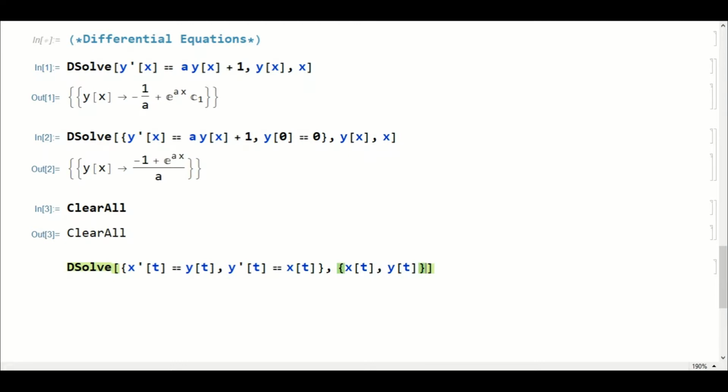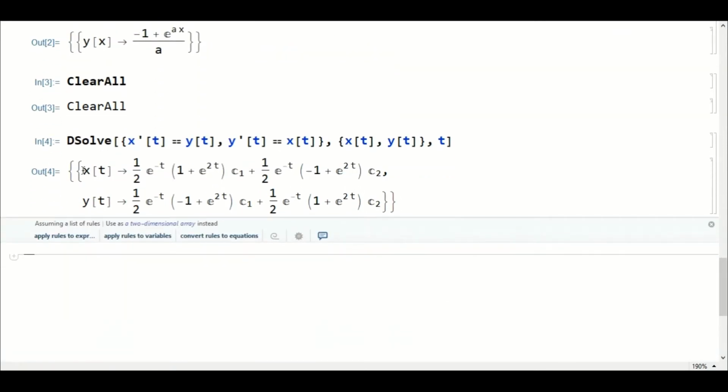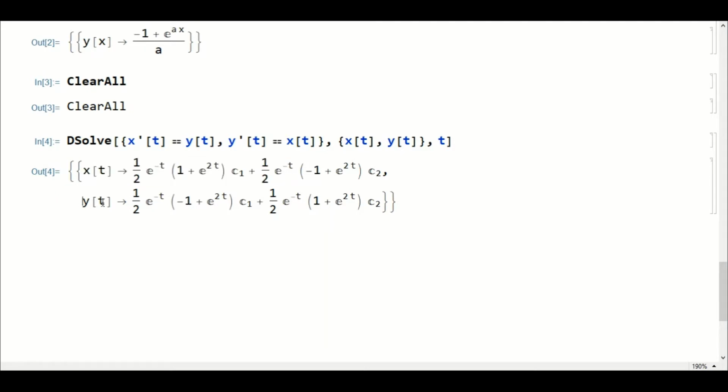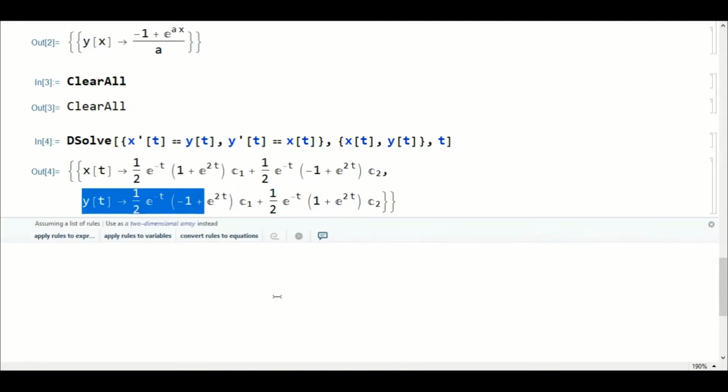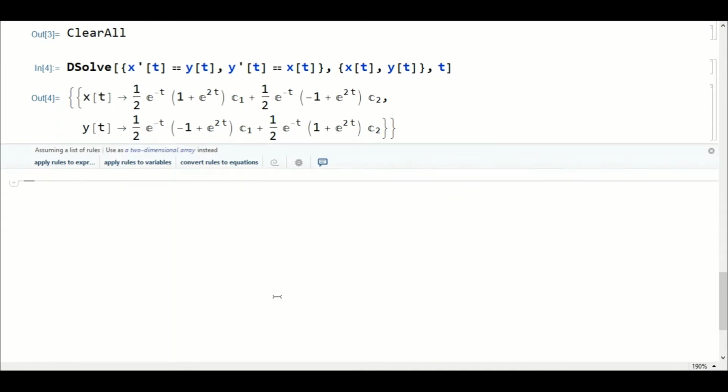And what is the independent variable? The independent variable is only one, which is t. t is not depending on anything. If I execute this now, you can see that these are the solutions of x and this is the solution of y. So this is how you can solve coupled differential equations in Mathematica.